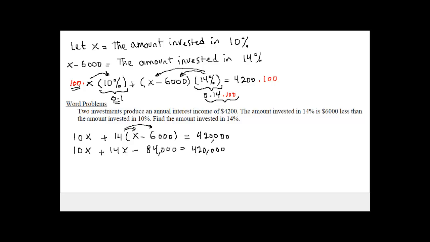So now we can combine like terms. So here we get 24x. We can go ahead and add 84,000 to both sides of the equation.